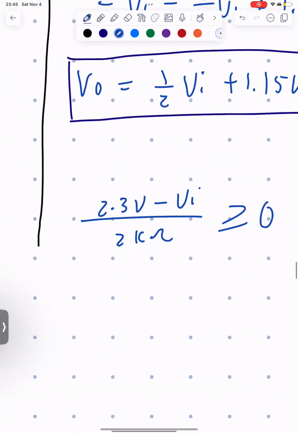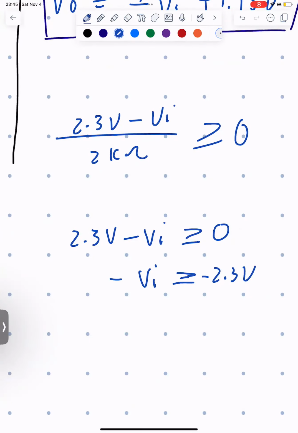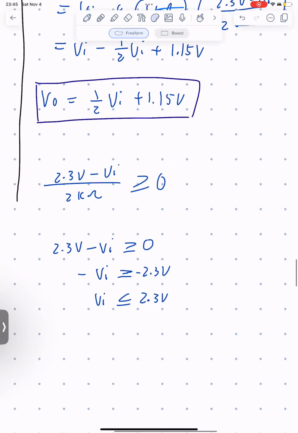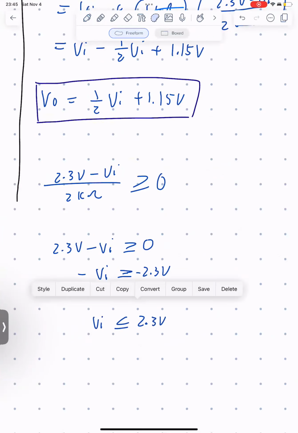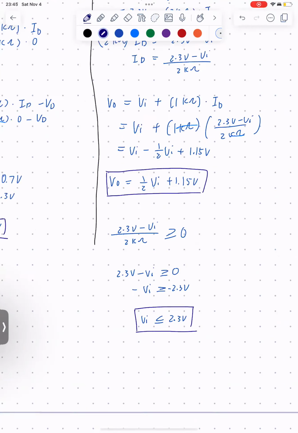Then we can cross out the bottom. So 2.3 volts plus VI must be greater than or equal to 0. VI must be greater than or equal to negative 2.3 volts, and VI must be smaller than or equal to 2.3 volts. And just like that, we have our condition for when the diode will be on.